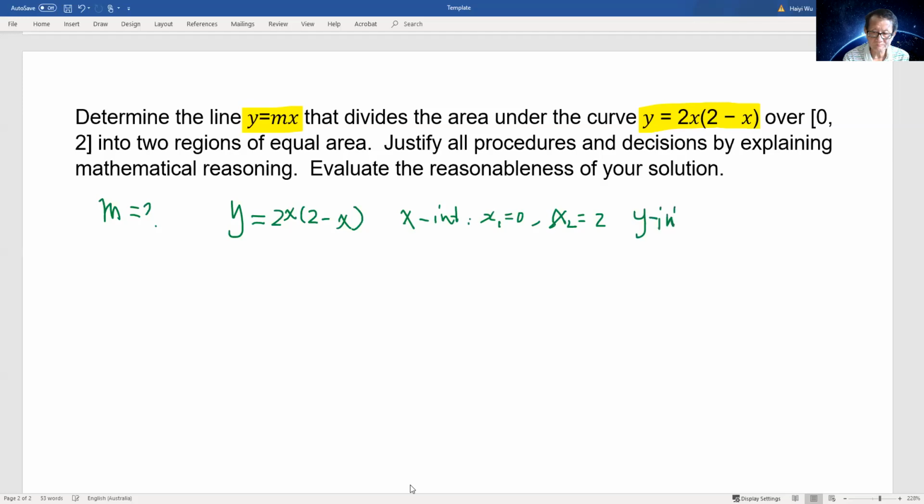The y-intercept is also 0, because you can see the factor x. So we draw the graph. Let me sketch the graph for the parabola.